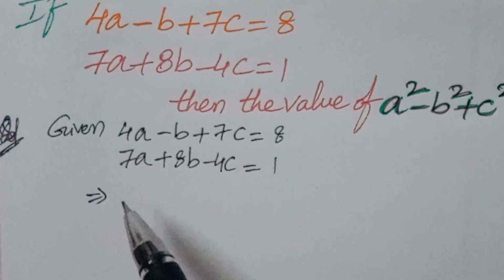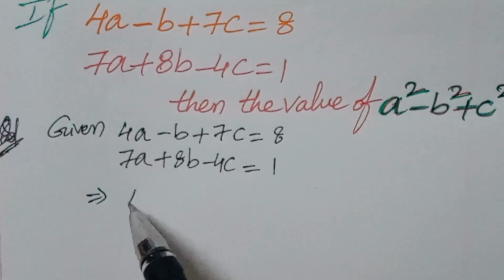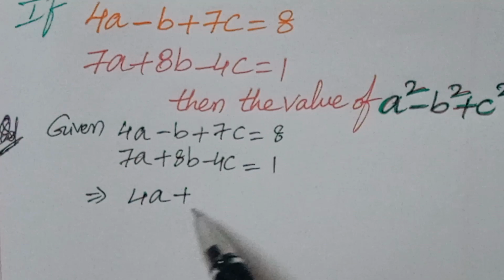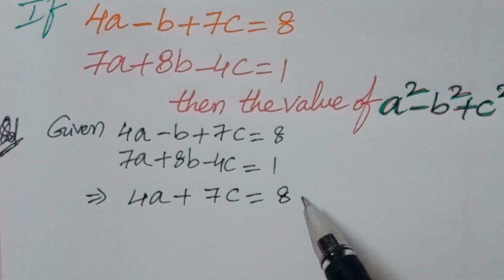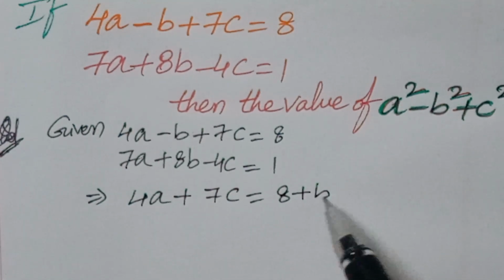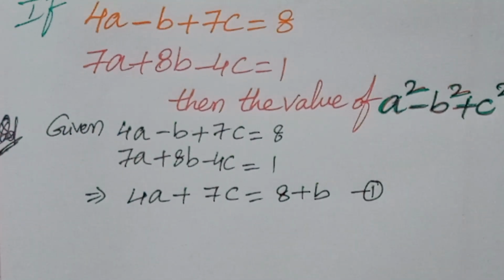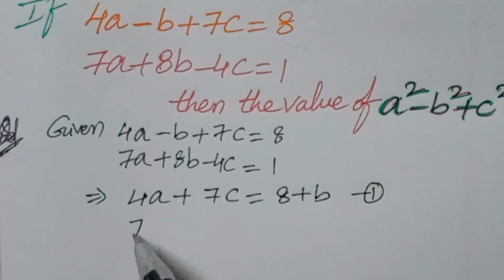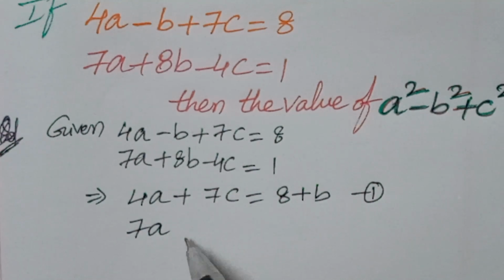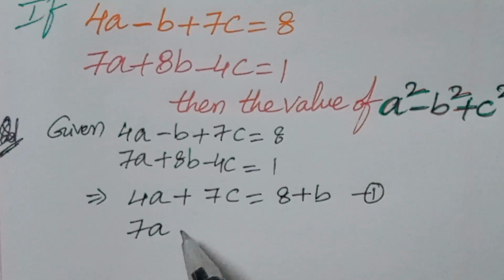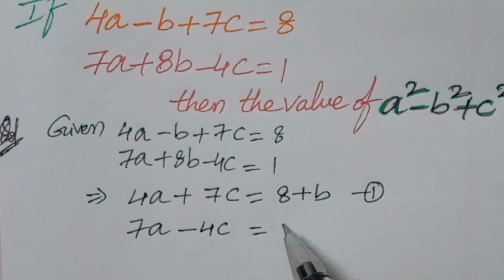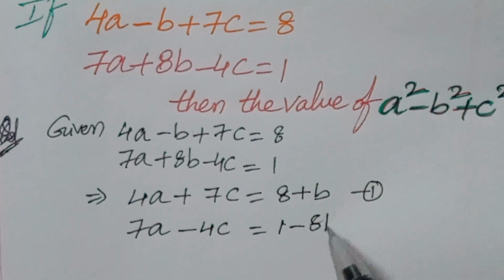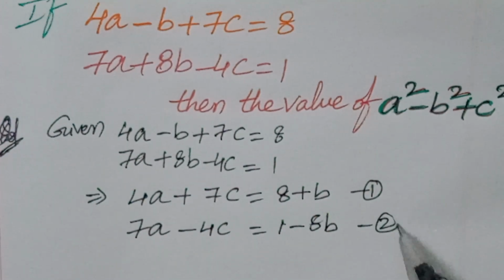I am rearranging this as 4a plus 7c is equal to 8 plus b. Let it be 1. The second equation I am writing: 7a minus 4c is equal to 1 minus 8b. Let it be 2.